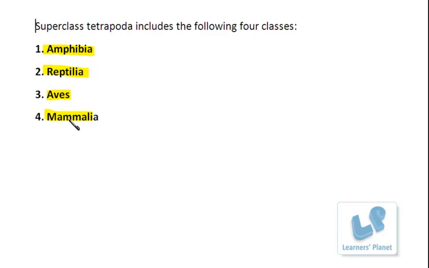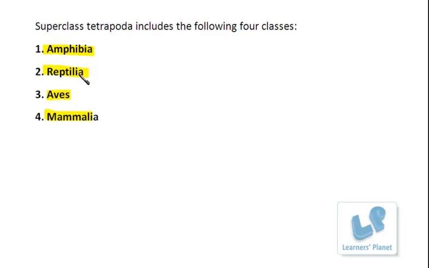Mammalia, the word means breast, or the mammary glands. So this group includes those organisms in which the mammary glands are present and they feed their babies with the milk secreted by these glands. So this is how the superclass has been subclassified.